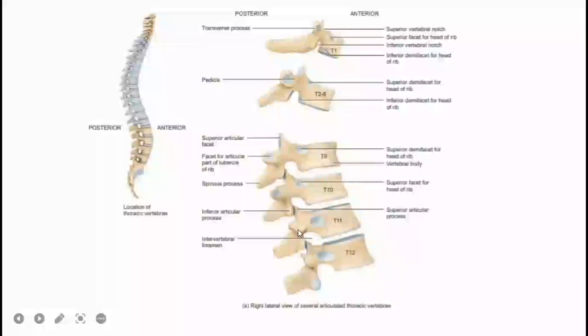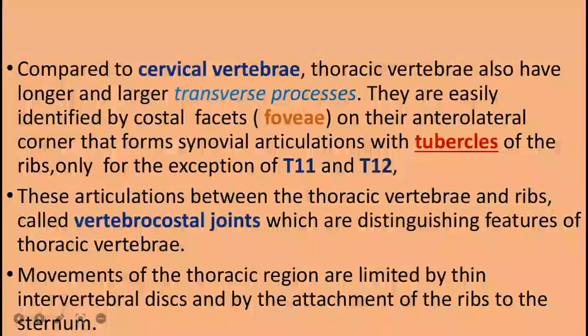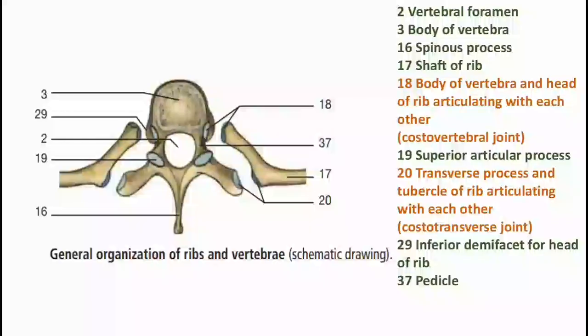We only have these transverse processes, but from the others, we have those facets. This articulation between the thoracic vertebrae and ribs is called the vertebrocostal joint, which is a distinguishing feature of thoracic vertebrae. I've already explained that. Movements of the thoracic region are limited by thin intervertebral discs and by the attachment of the ribs to the sternum. So that's all about that.